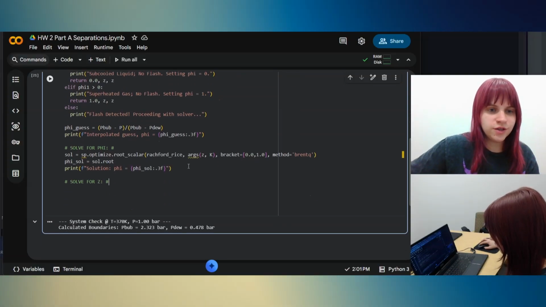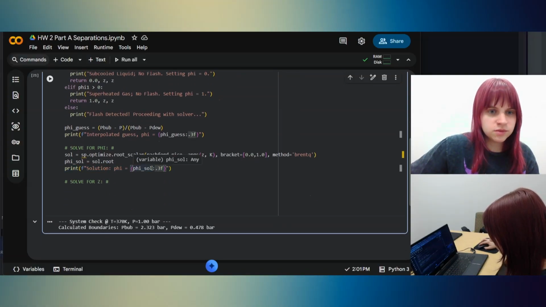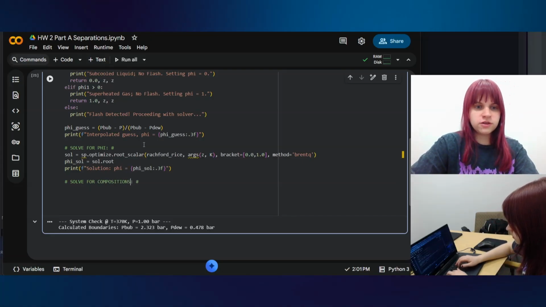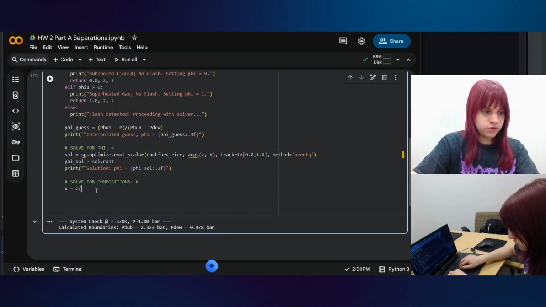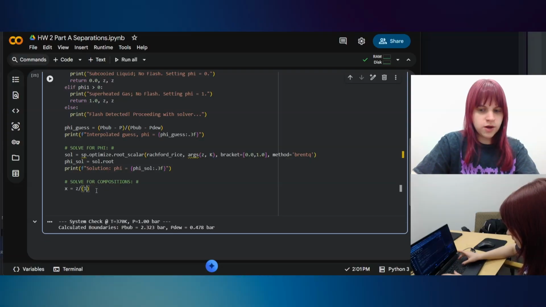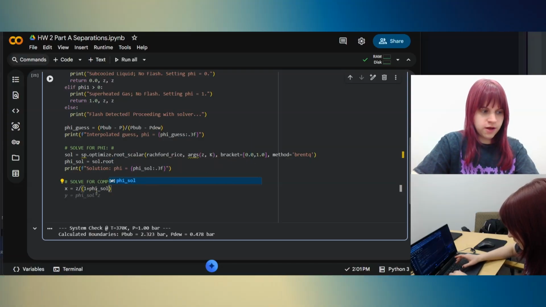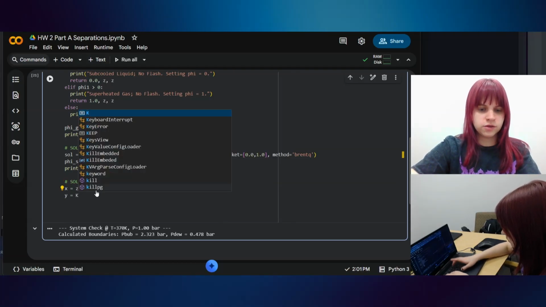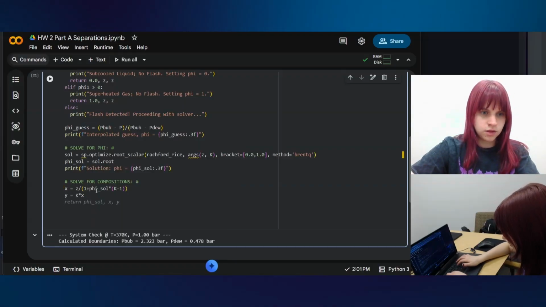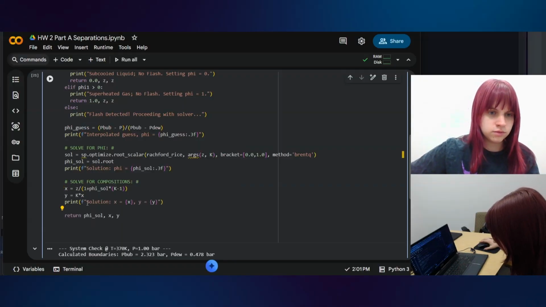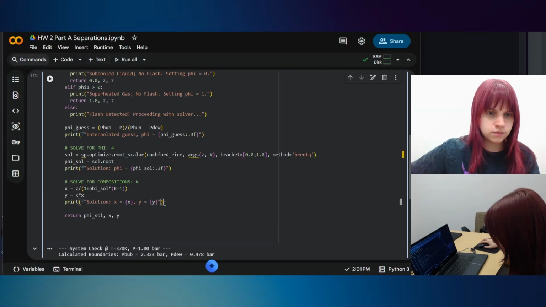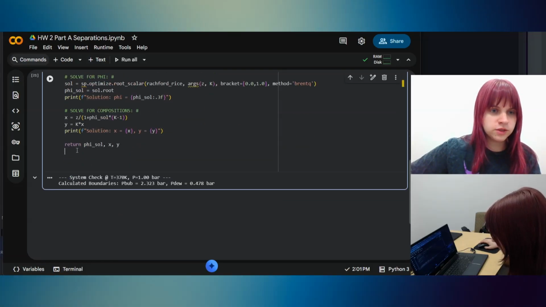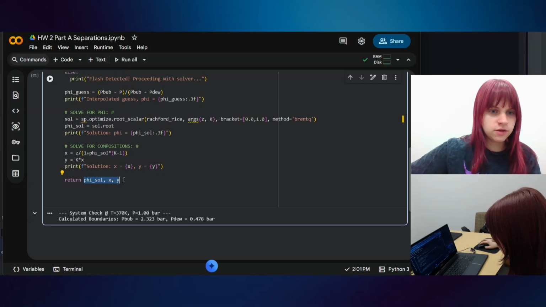And then this is what it wanted me to do. So that's fine. And then this should be solved for compositions. x is equal to z divided by 1 plus the phi it solved for times k minus 1, and y equals k times x. What I wanted was we want to return these values.